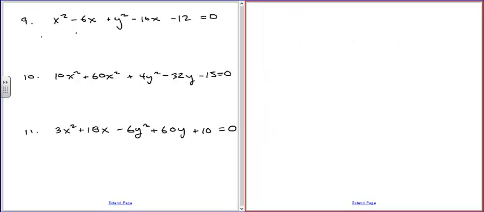And then the final one of them is negative here. So here we've got the x terms, so we're going to factor out 3, the coefficient in front of x squared. We're going to divide this by 3, which is 6. So we get 6x, leave a little space. Factor out negative 6 out of here. So negative 6 divided by negative 6 is 1, so we get y squared.